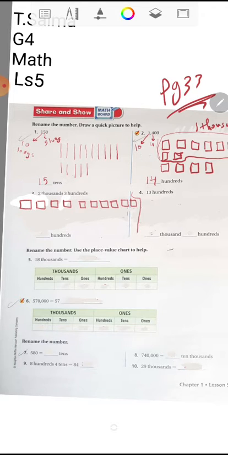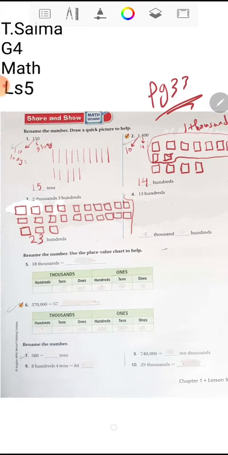So I have drawn 10 flats. 1, 2, 3, 4, 5, 6, 7, 8, 9, 10. Also 10 flats. So I have here 20 flats, which means 2000. Now I have 300 as well: 1, 2, and 3. So how many hundreds do I have here? Count the flats. It will be 23 hundreds.